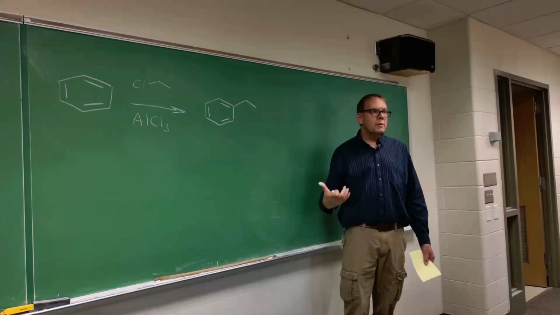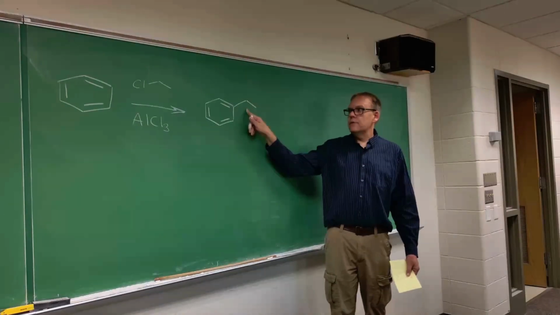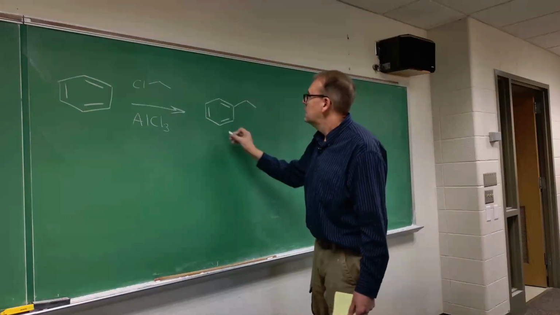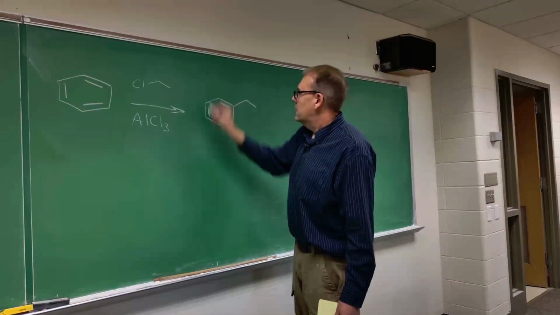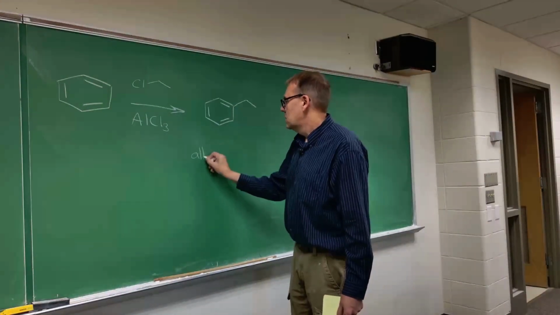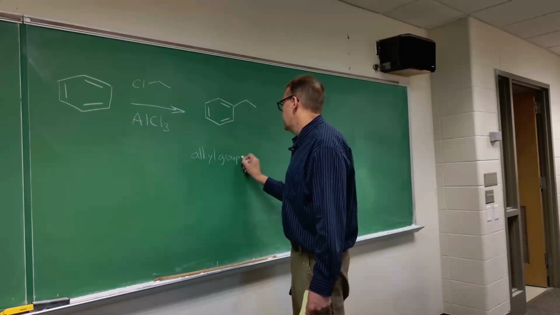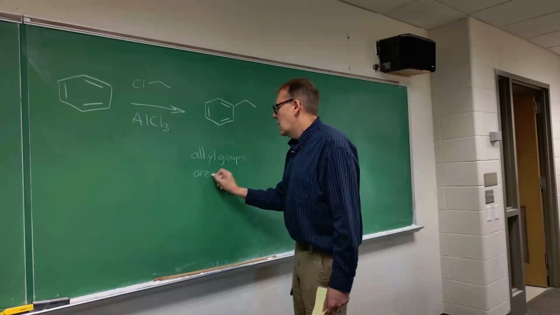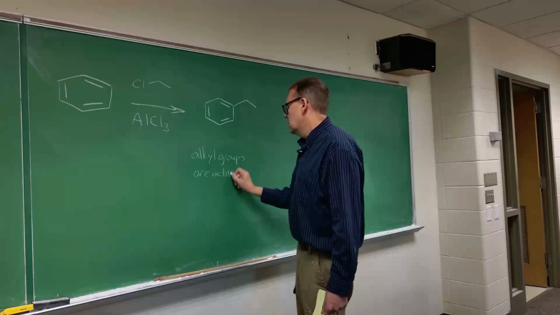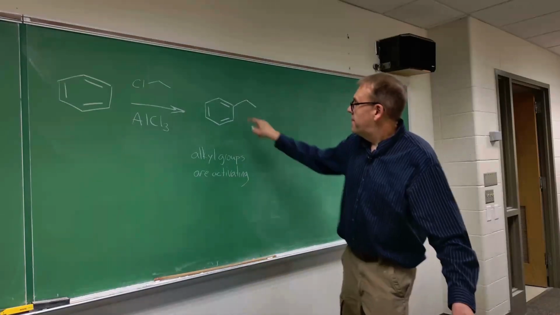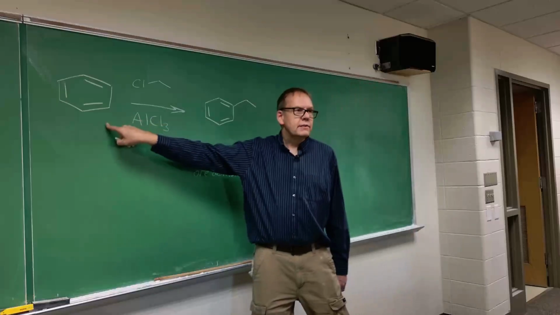The problem, though, is that this ethyl group, the alkyl group that you put on, is an activating group. So I'll say here, alkyl groups are activating. And what that means is that this will react faster than the benzene starting material.